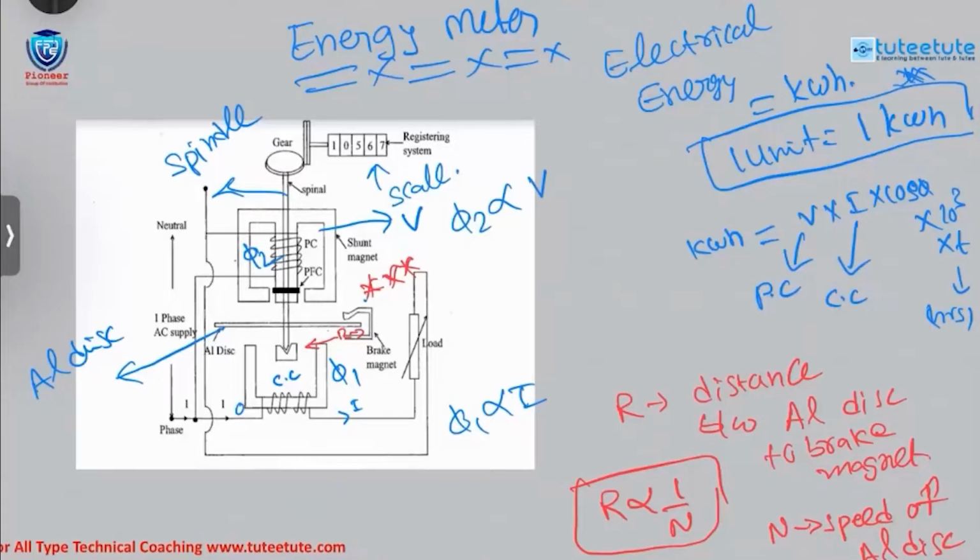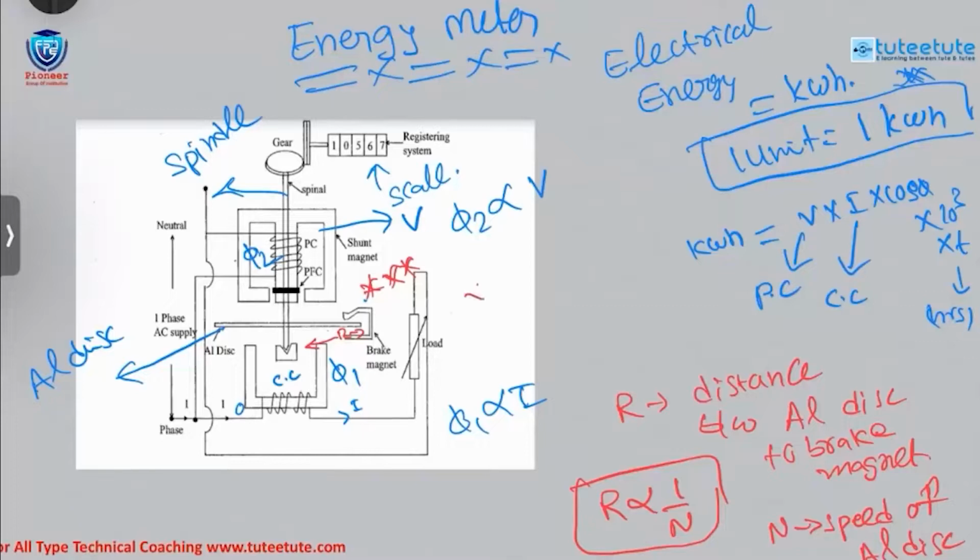How will the question come? If the brake magnet moves towards the aluminum disc, then what is the speed of the disc? If you bring the brake magnet towards the aluminum disc, the speed of the aluminum disc will increase.